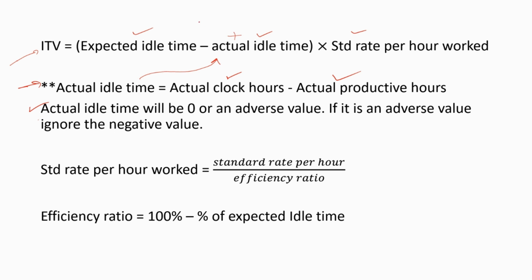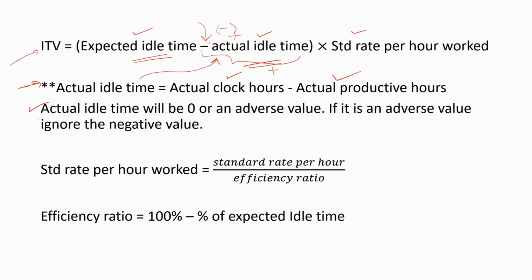This is because there is a negative sign here already. If you use the negative actual idle time here, this whole section will be a positive value, so you will not get the correct answer. In order to calculate the expected idle time variance, we need to take the difference between the expected idle time and the actual idle time.